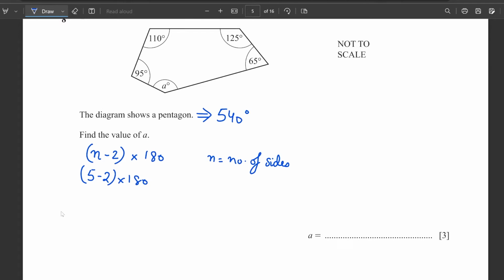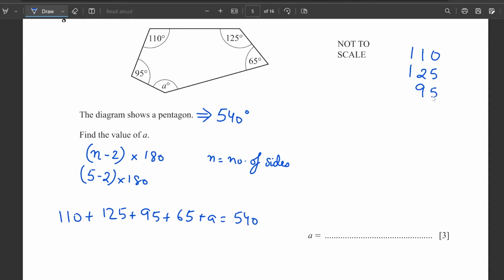So let's write it. 110 plus 125 plus 95 plus 65 plus A is equal to 540. Now here you want to do your calculations manually. Be very careful over here. The paper is going to be very easy, but just remember that you freak out most of the time in these calculations.